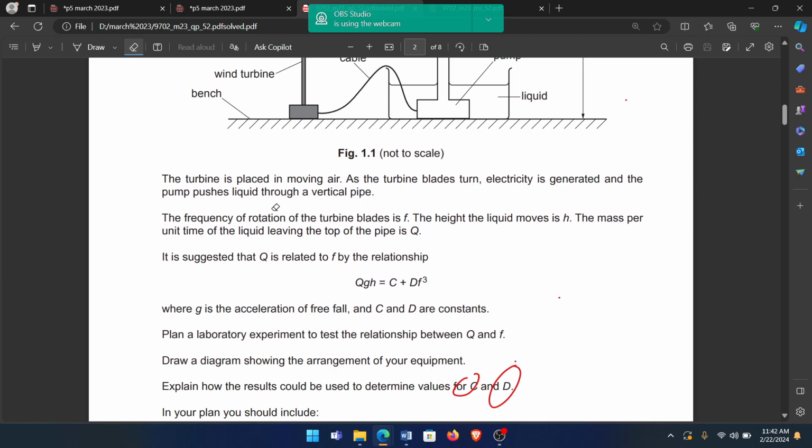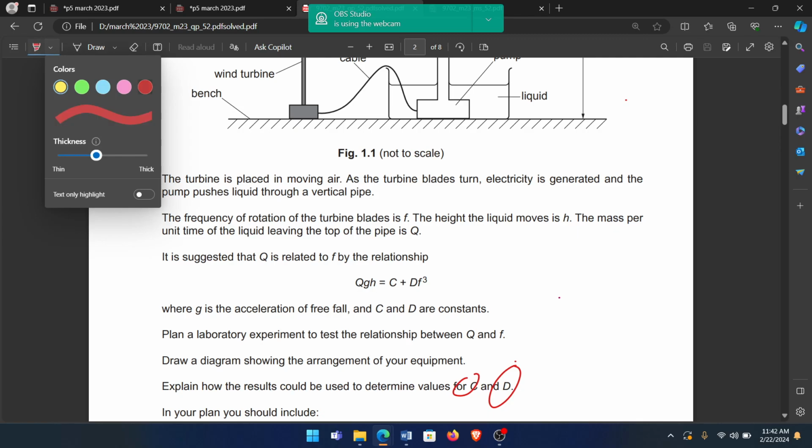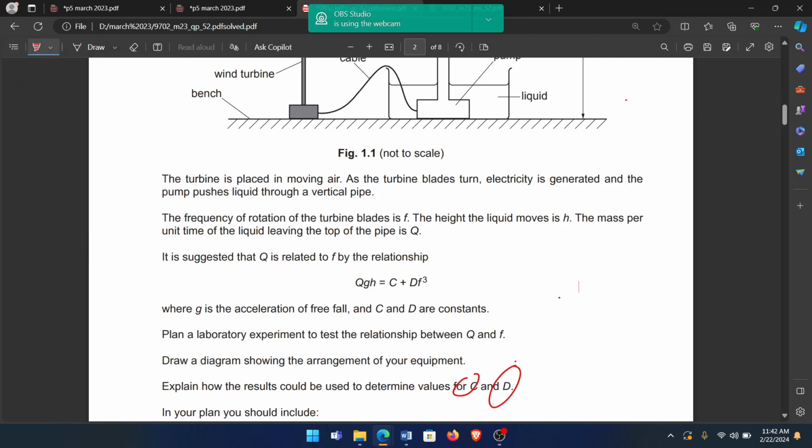Plan an experiment to test the relationship. Look, this is a remarkable point.